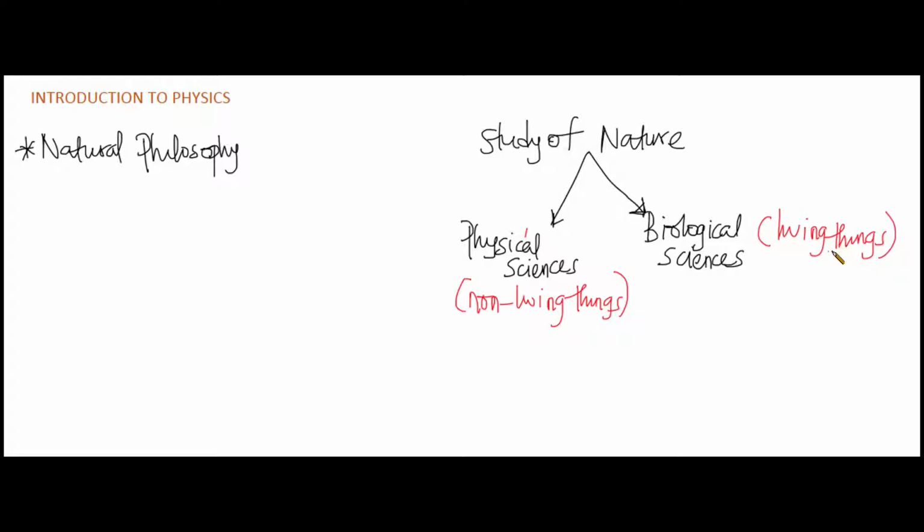So the physical sciences also gave birth to other branches in science, and the two main branches of the physical sciences are known as physics and chemistry.